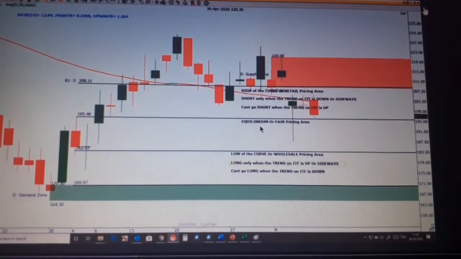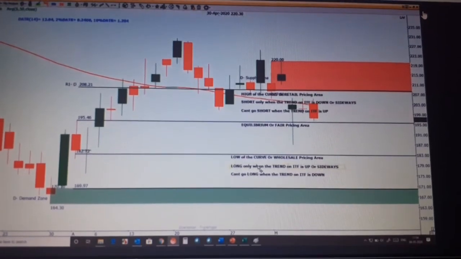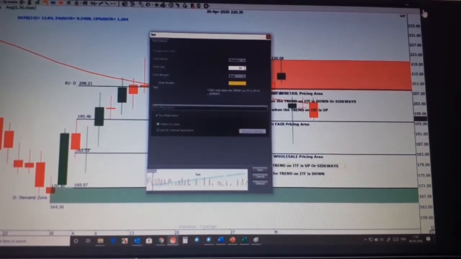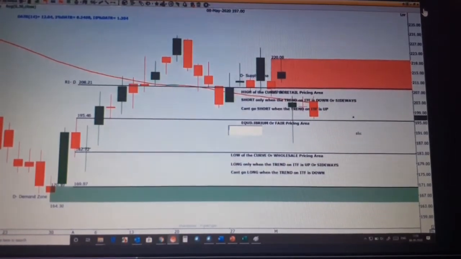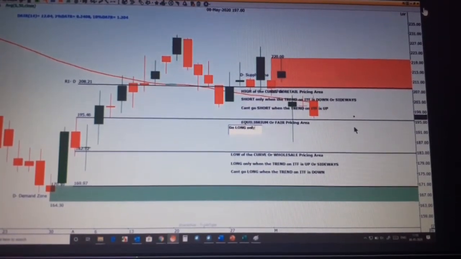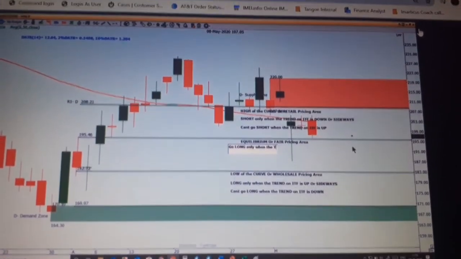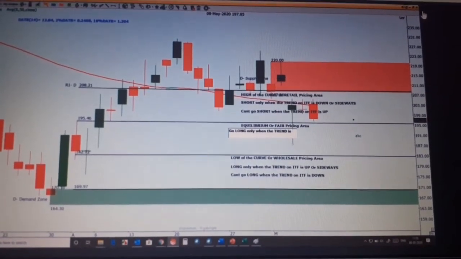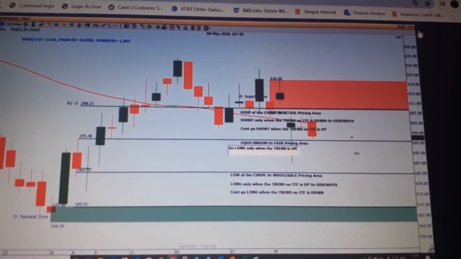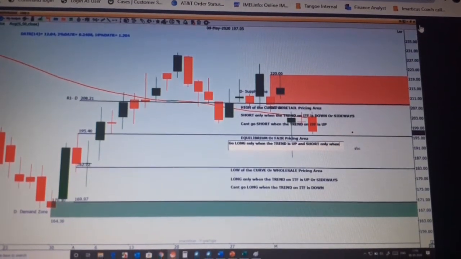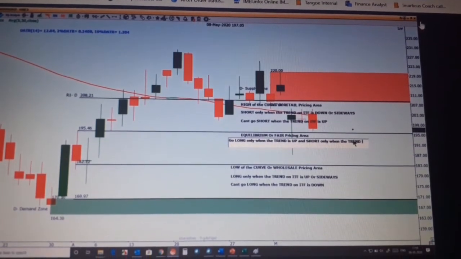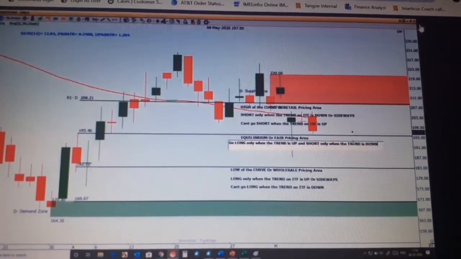Now, let's see what we can do in equilibrium. So I'll write here: go long only when the trend is up, and short only when the trend is down.